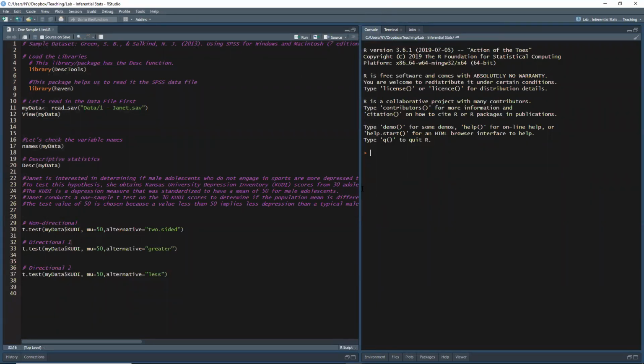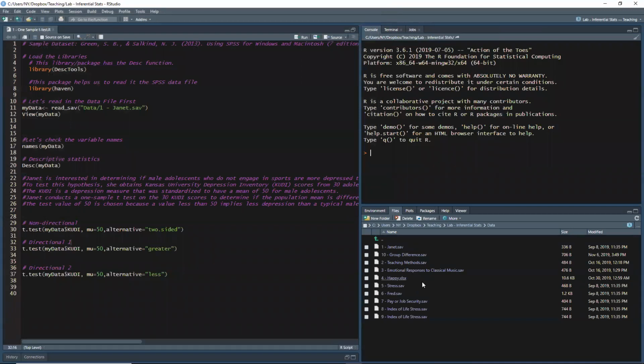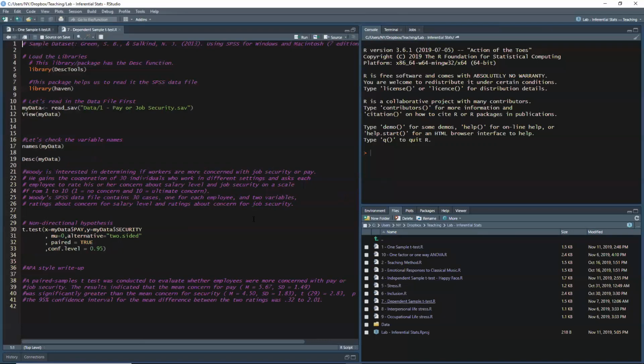So since we already ran the one sample t-test and independent sample t-test, that shouldn't take long. So let's open files, and this should be okay. It looks like last time I checked, I just looked at the data, so I'm going to go back one more, and this time we're going to open number 7, dependent sample t-test. So I'm going to close the first one.